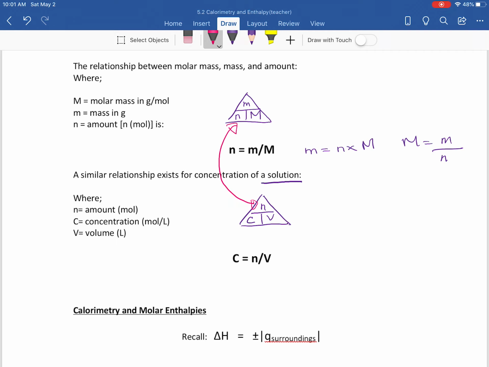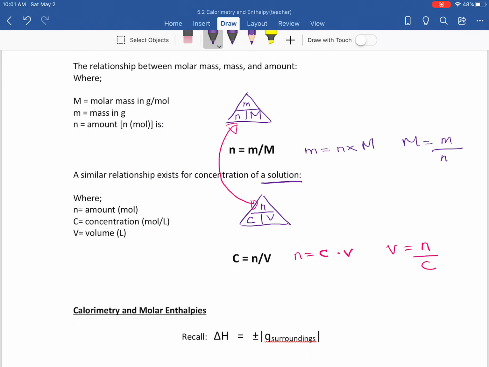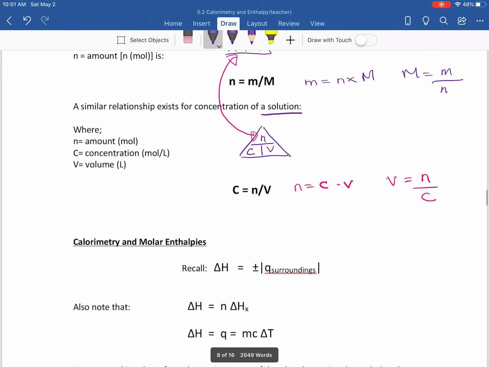So we can always link these two triangles together. We have concentration equals moles over volume, moles equals concentration times volume, and volume equals moles over concentration.